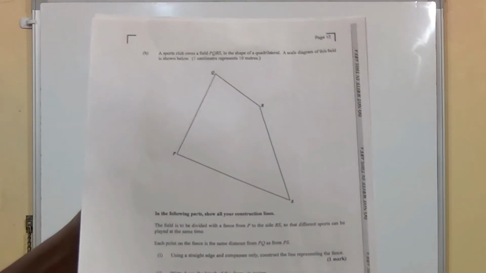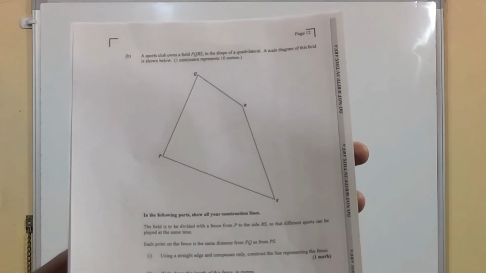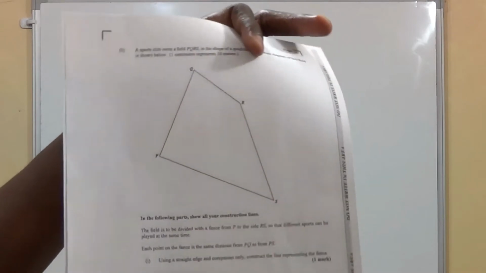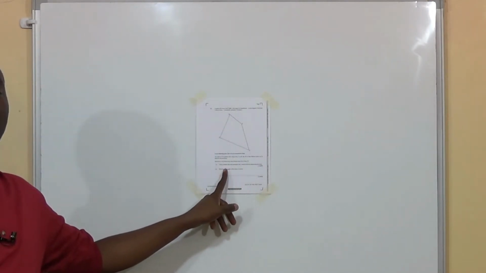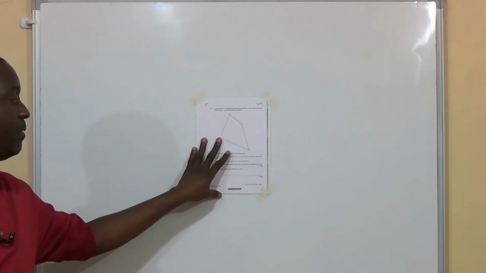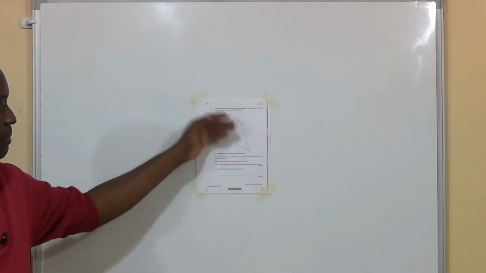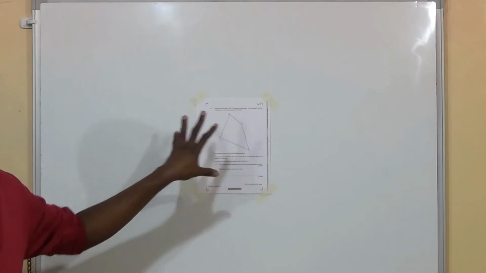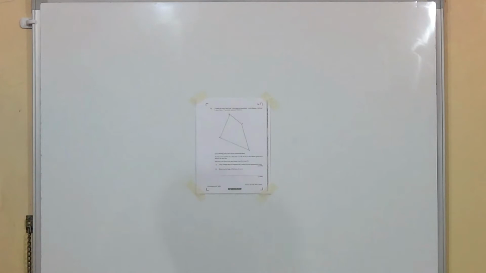Hopefully, as you're looking at this video, you would have with you a copy of the January 2020 past paper. If not, you could try and follow as best as you could. This is the diagram, and I have the actual diagram on the board here as well. So I'm going to zoom in here now. While I am reading the question, you'll be able to see it, and I will go through the question myself and talk it through while I'm going through it.